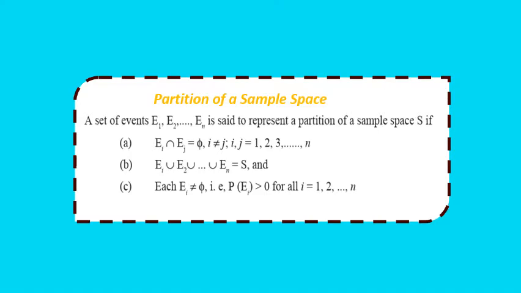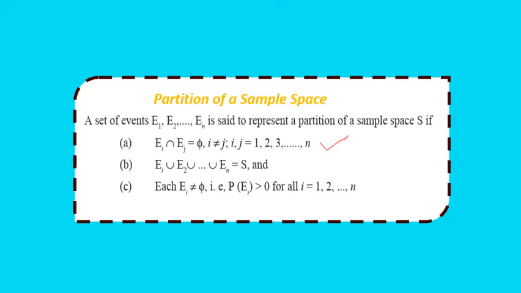So before we come to Bayes theorem, let me explain the meaning of partition of a sample space. A set of events E1, E2 up to En, where n is some natural number, is said to represent a partition of sample space S if Ei intersection Ej should be equal to phi, that is, nothing should be common between these partitions, where i and j are of course some natural numbers.